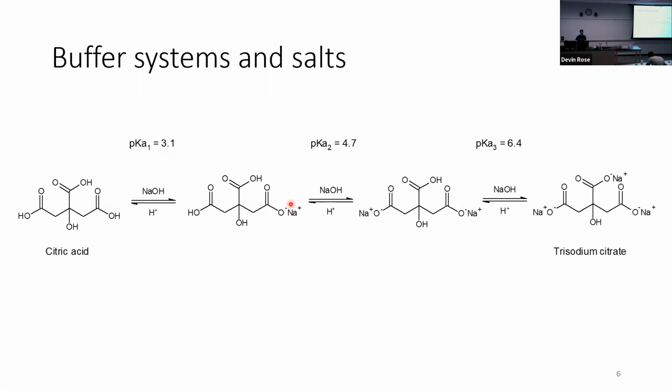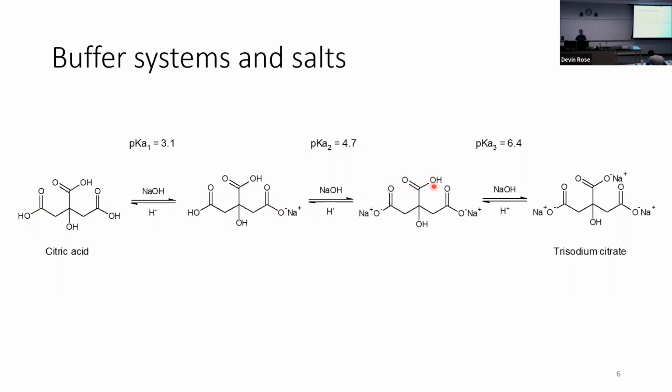Because we have 3 acidic protons, we can raise the pH up a little bit more, and the second proton starts coming off. Both of these protons are the same, but one of them will come off and then the other one starts coming off. So at pH 4.7, we would have 50% of this and 50% of this.